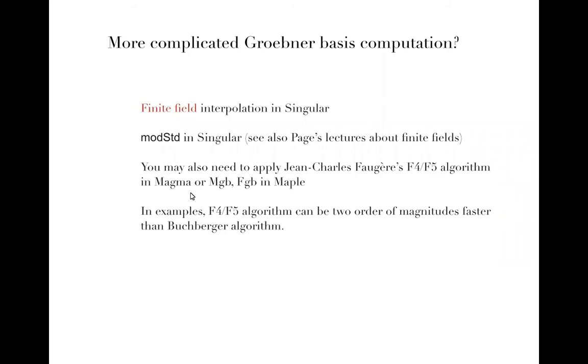And then you can definitely see some benchmarks comparing the modern F4, F5 algorithms versus the Buchberger algorithm. For many examples, it could be two orders of magnitude faster than the Buchberger algorithm. So for real research problems, possibly you would try some other tools, not Mathematica, not even Singular, some more advanced method for Gröbner basis computation.